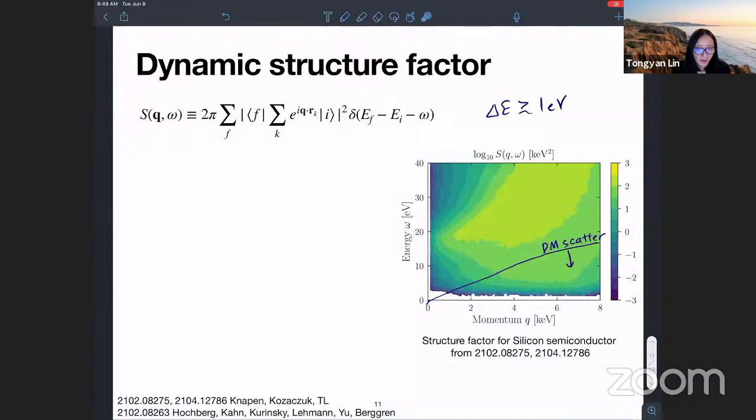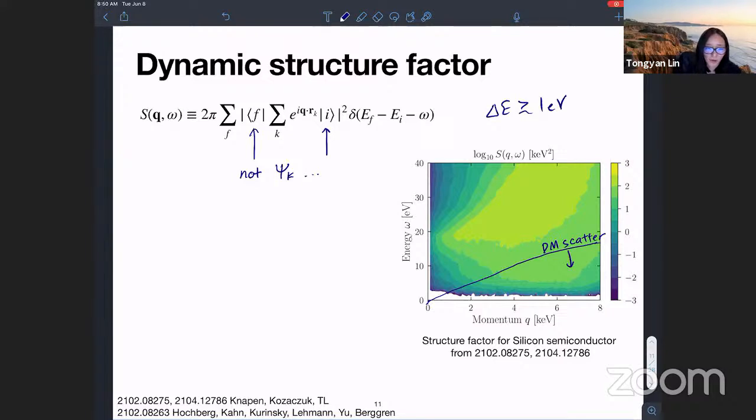Okay, and there are various subtleties in calculating the structure factor. These initial and final states, you cannot just use the Bloch states that I mentioned. As shown in some of our recent work, which I've cited below, we've shown that these are really many-body states.